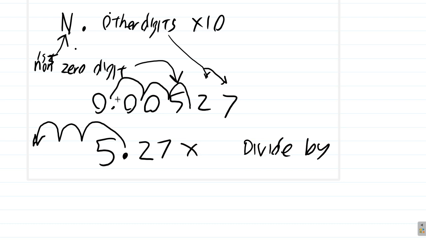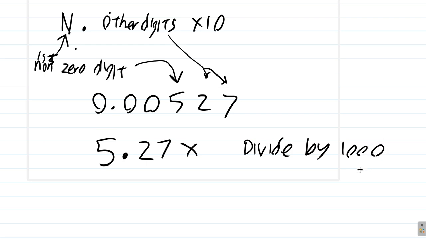It would make the point right here. So you divide by 1000. Alright? Now, 1000 is 10 to the 3.